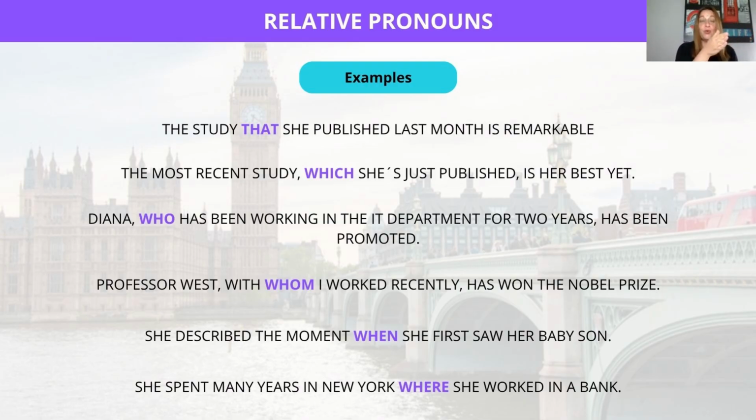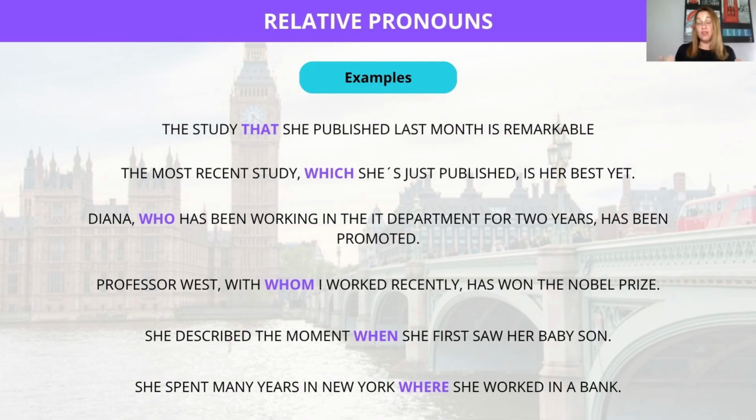So you can say, for example, the study which she published last month is also there. The most recent study, which she's just published, is her best yet. So in the second sentence, which is the main sentence? The main sentence is: the most recent study is her best yet.